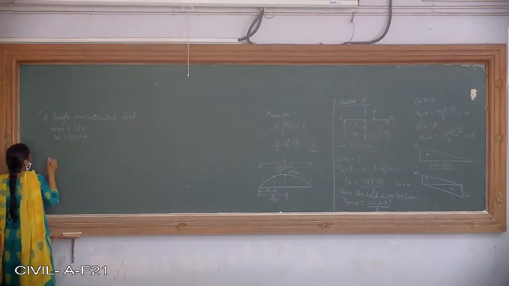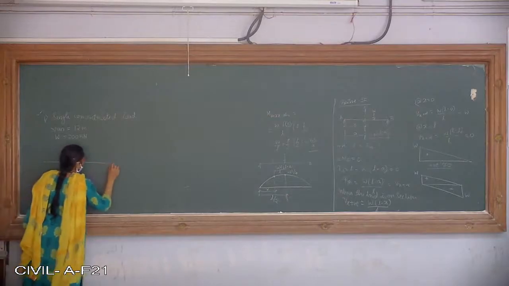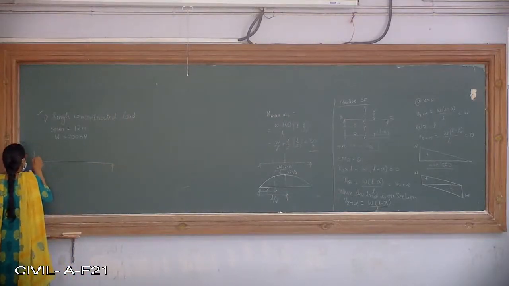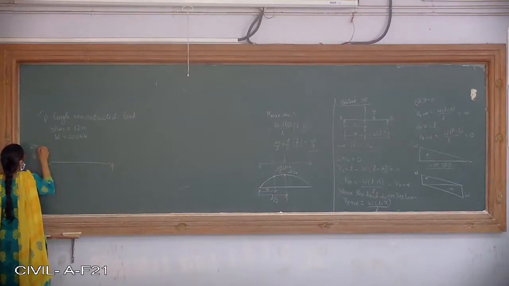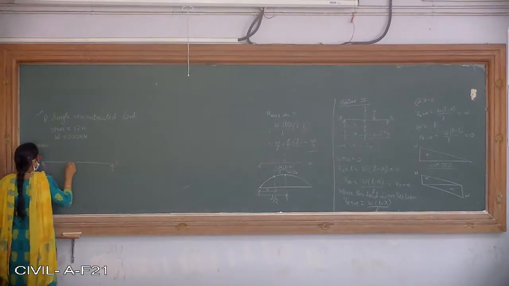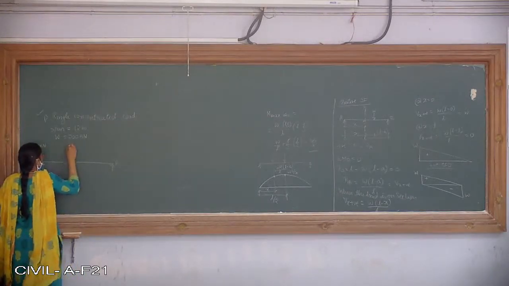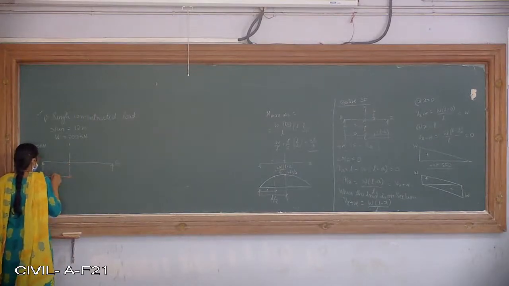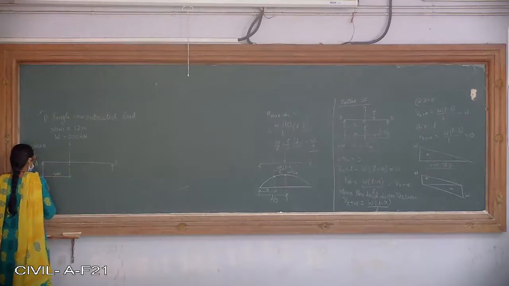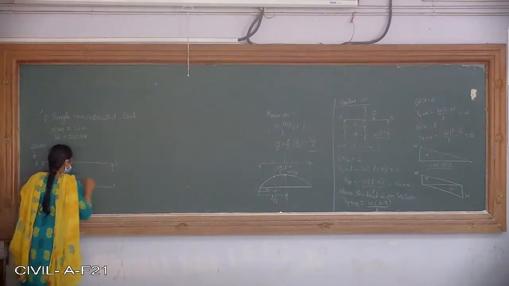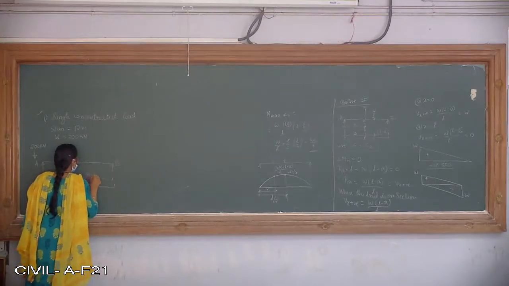So here the section is given, the figure is like this. A load of 200 kilonewton is moving from the end A to end B, and we want to find out what would be the bending moment at a distance of 4 meters from A. Span of the beam is given as 12 meters. Okay, so this is 8 meters here.